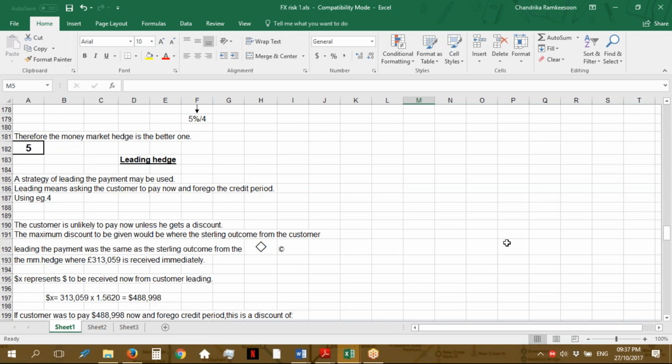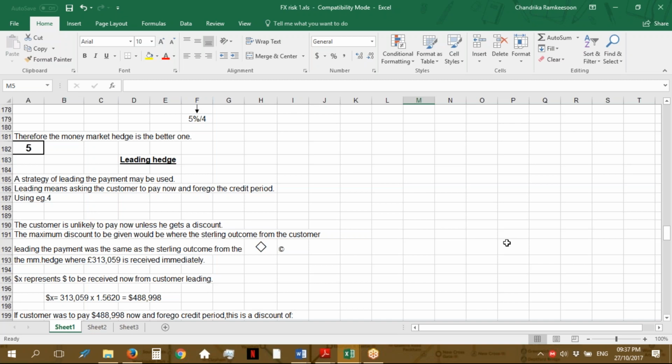Now, assuming John has cash flow and cash flow is not a problem, John may consider that. He may say, well, okay, you give me a discount, I might go that way. What you have to work out here is the maximum discount you'd be willing to offer John to get their company to pay you today. In other words, we are working it out from our point of view.